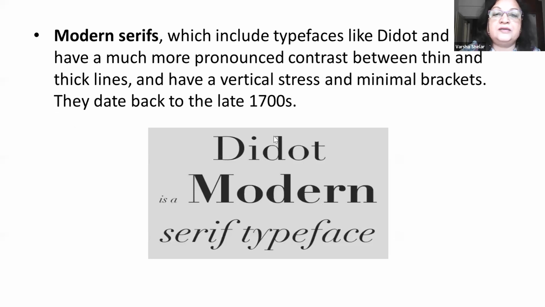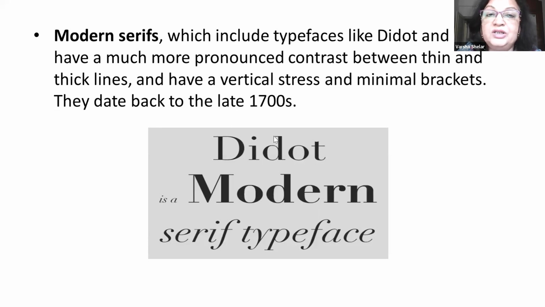Okay, so as I was telling you, modern serifs, like Didot and Bodoni, don't they look more sophisticated? Are you all with me? Yes, ma'am. It is different from what we have seen earlier.